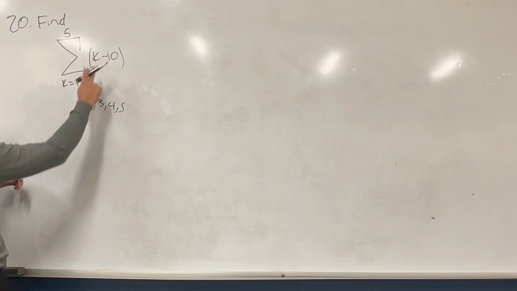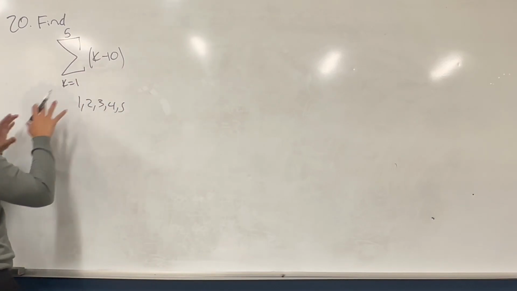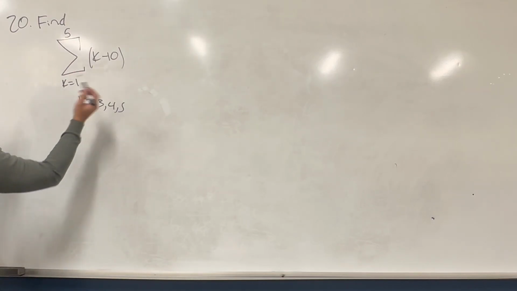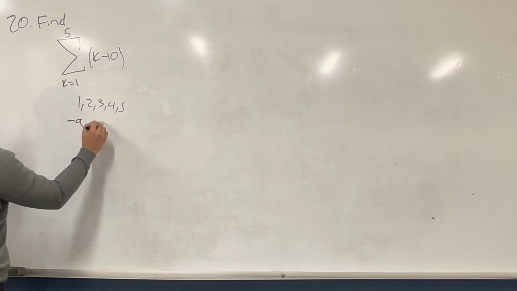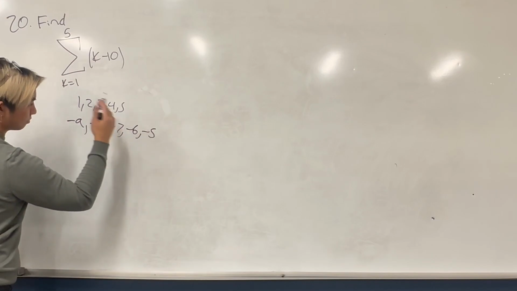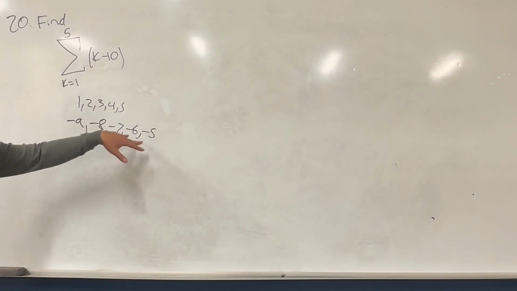If we plug in 1 here, we get negative 9, then negative 8, negative 7, negative 6, negative 5, because it's just one difference every time.